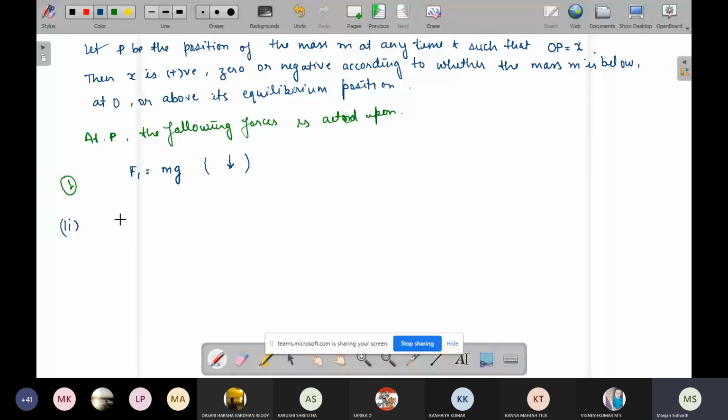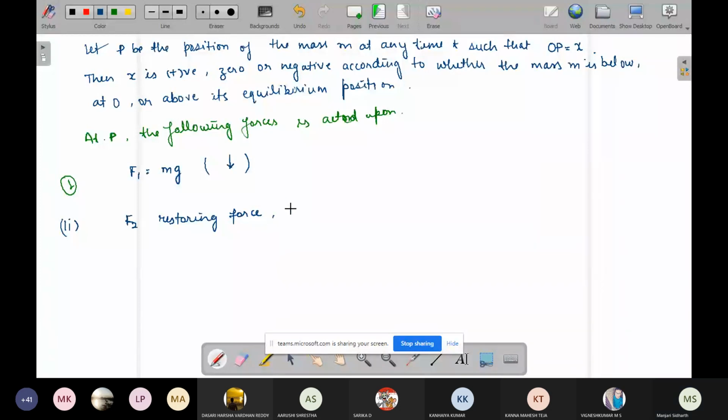Second force, the restoring force. Restoring force means which acts to bring a body to its equilibrium position.